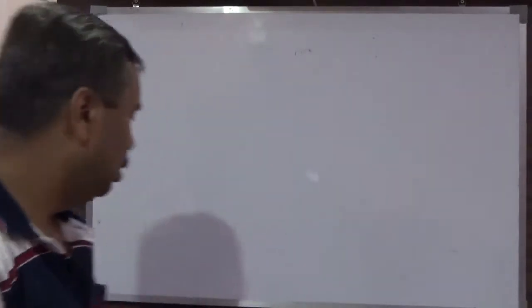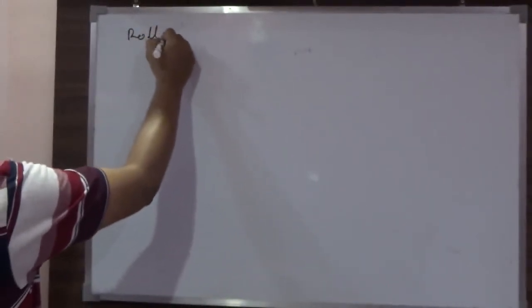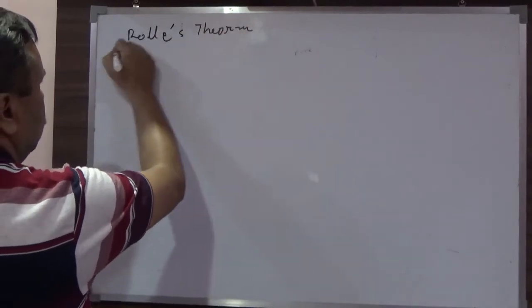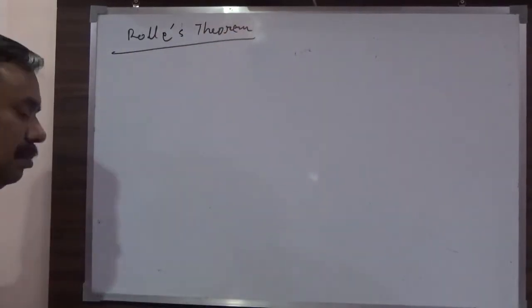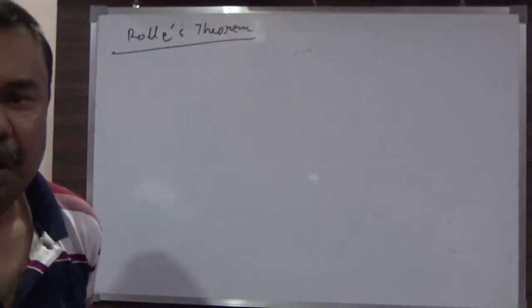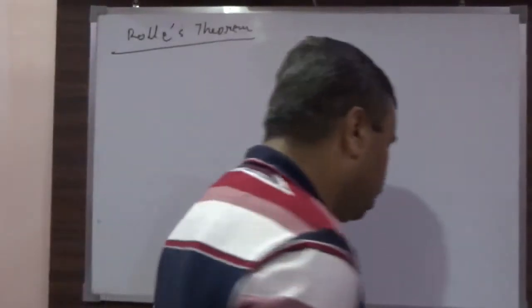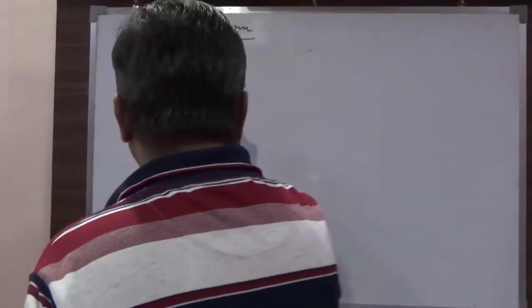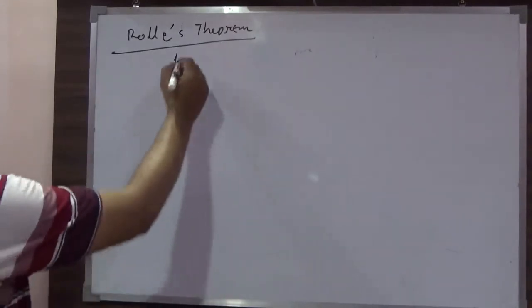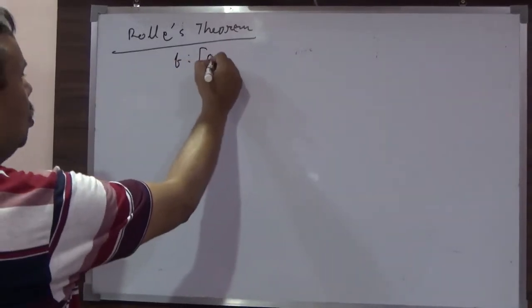First I will recall what Rolle's Theorem is. How many of you must have known about Rolle's Theorem? Suppose that there is a function f defined in the closed interval a b.